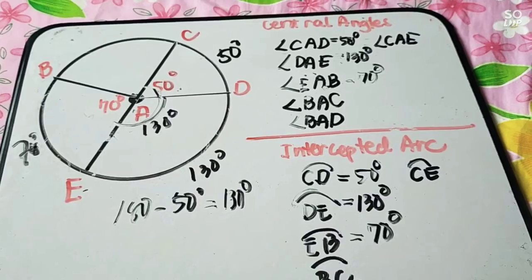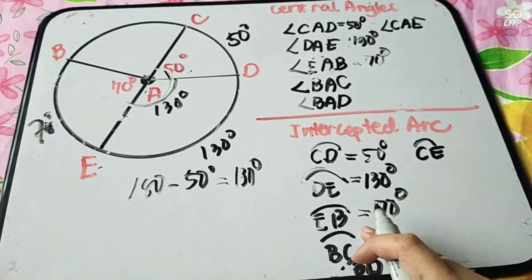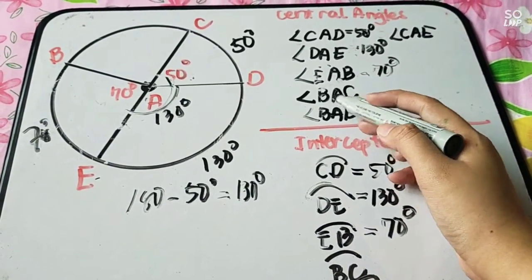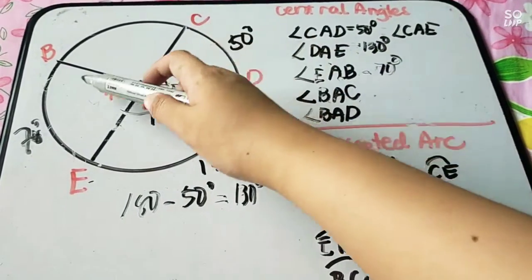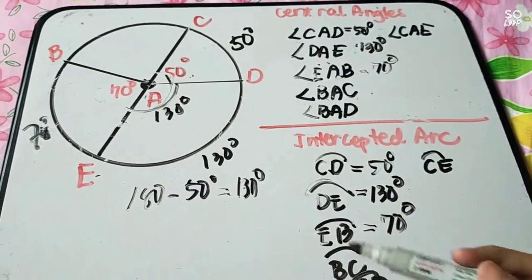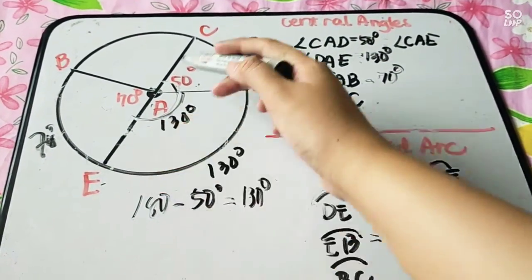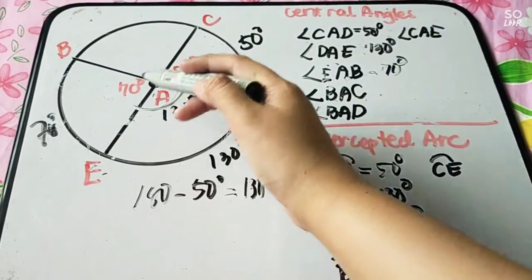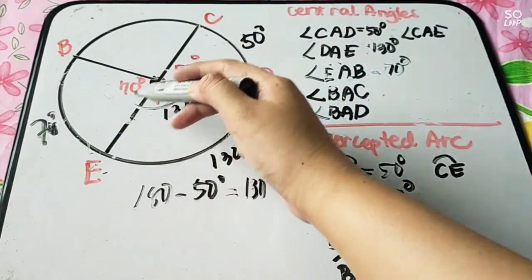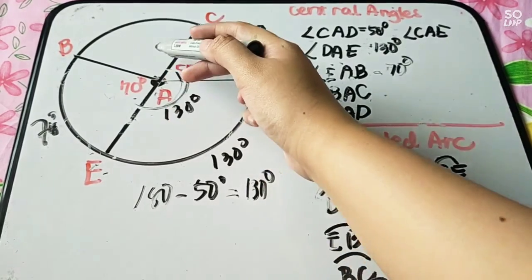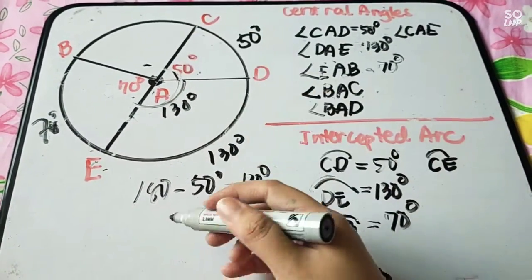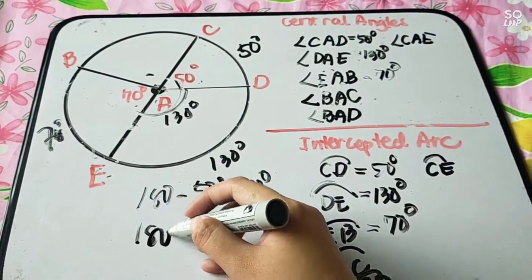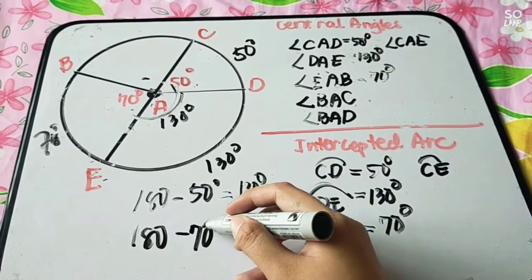Yan. Next, we have BC or angle BAC. Same process with this one. Ito yung kalahati natin, si CE. So, meron ka ng other measure which is 70 degrees. So, for us to find this one, you are going to subtract 180 minus 70 degrees.